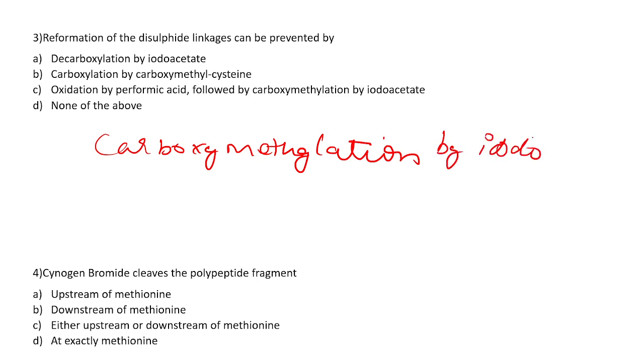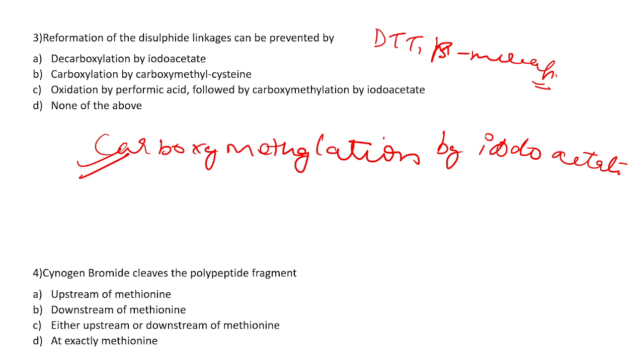But what we have studied just now is that carboxymethylation by iodoacetate is required only when we are doing the reduction process of destroying the disulfide bonds. When we are using either DTT or beta mercaptoethanol, only then do we require carboxymethylation by iodoacetate. Otherwise it is not needed.